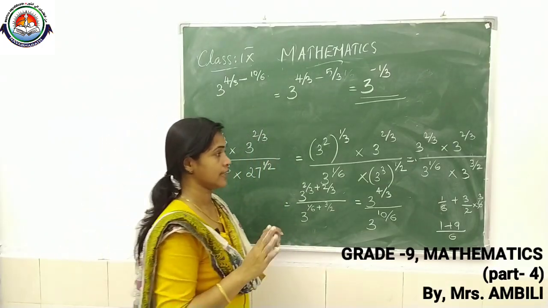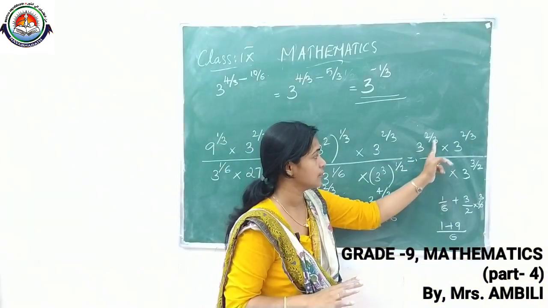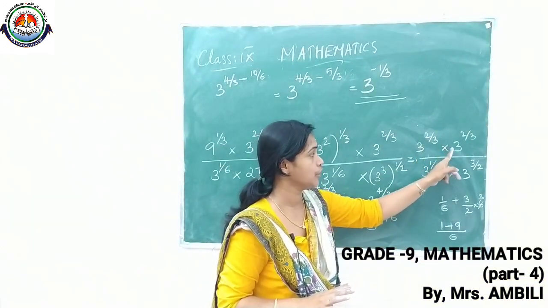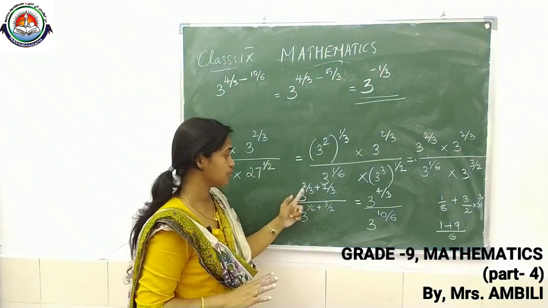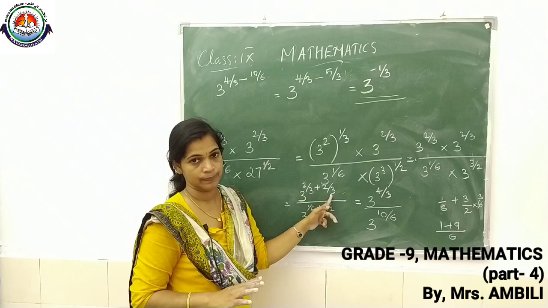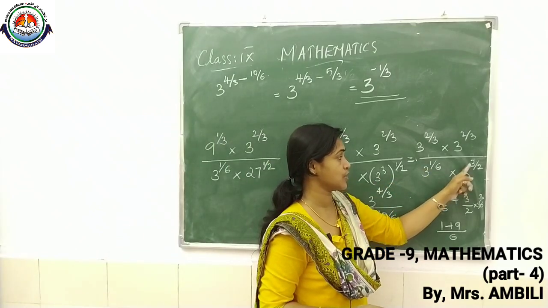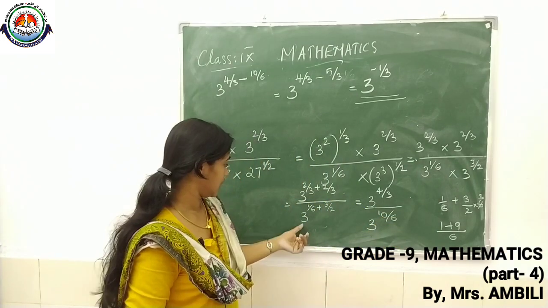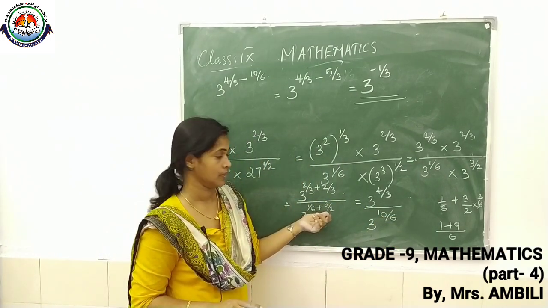Okay, then next step. After that, here we can add this 3 raised to 2 by 3 into 3 raised to 2 by 3. We can write 3 raised to 2 by 3 plus 2 by 3 divided by 3 raised to 1 by 6 into 3 raised to 3 by 2. We can write 3 raised to 1 by 6 plus 3 by 2. Clear?